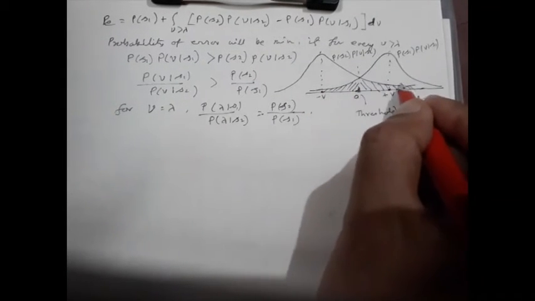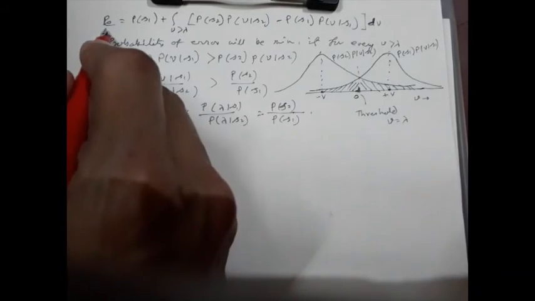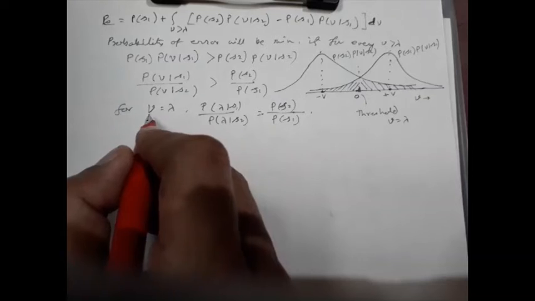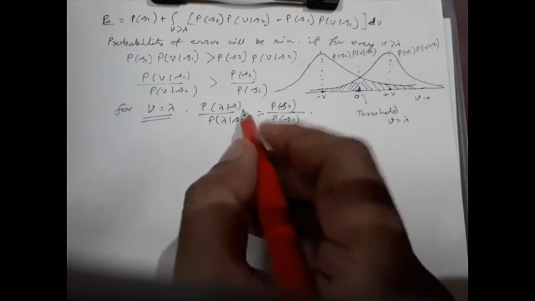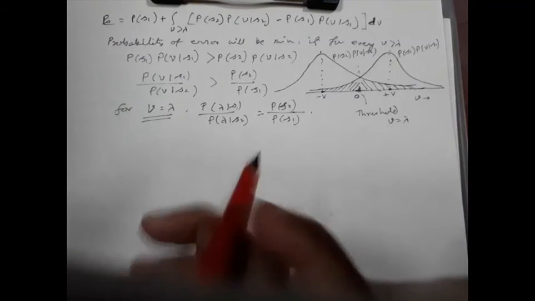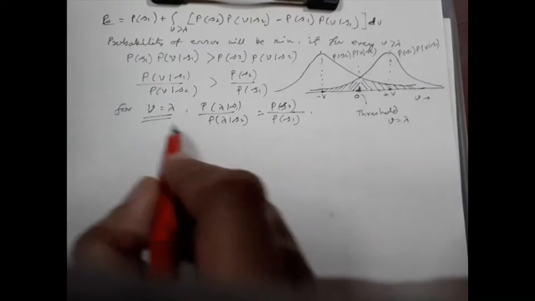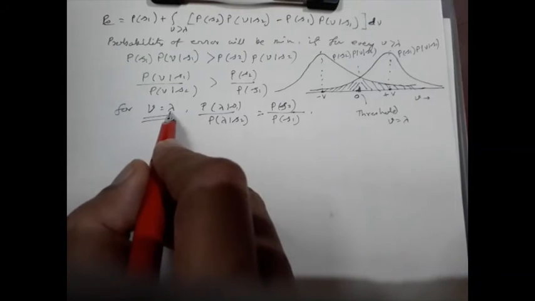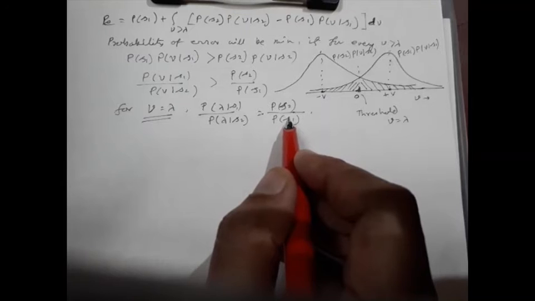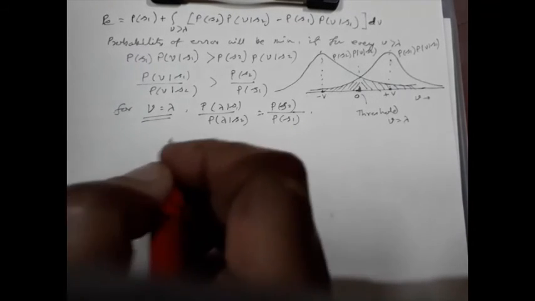The shaded portion is actually this P(E), and we get the threshold voltage expression using this relationship. So this is our rule. This is how we set the threshold voltage, and using this rule we get the maximum likelihood detection.